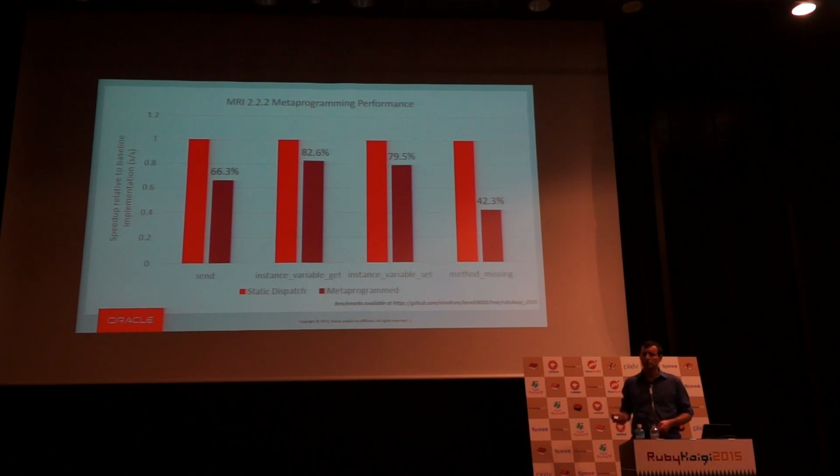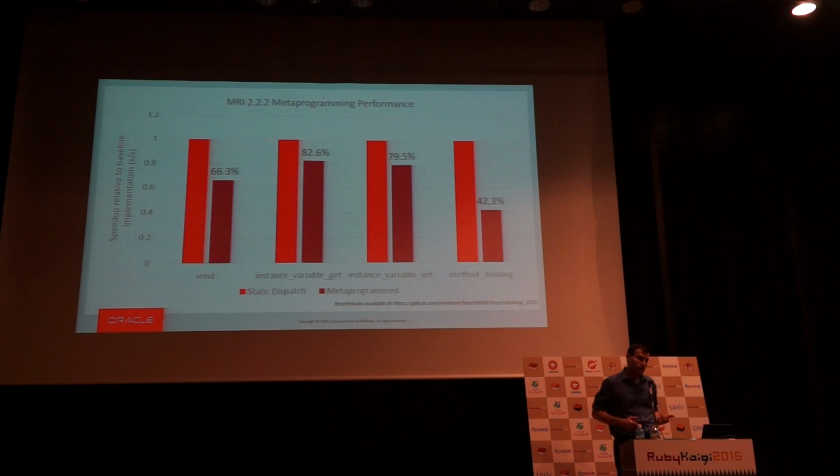And then I implemented a simple object proxy using method missing. In this case, I had a wrapper that just wrapped around string and ultimately delegated to string.length. So in the static dispatch case, there's a method defined that does the delegation. And in the metaprogramming case, that same delegation is performed using method missing.